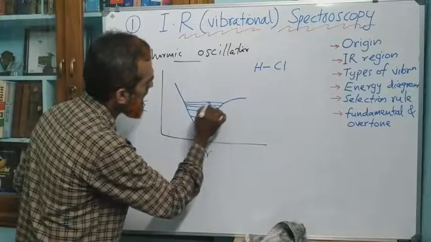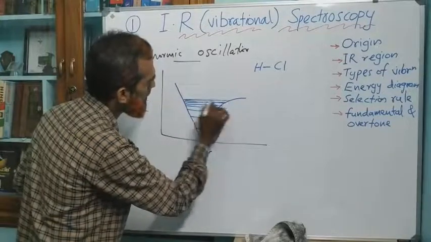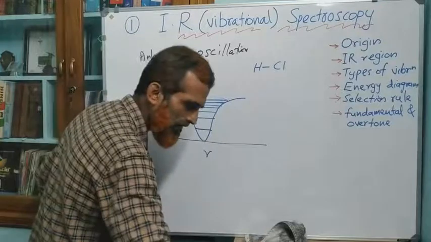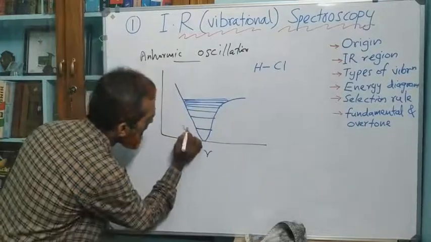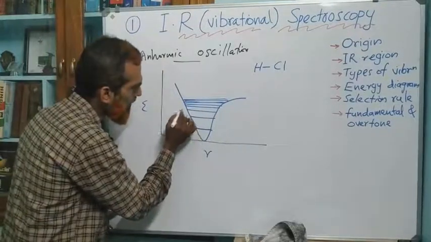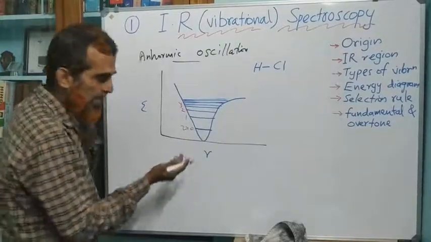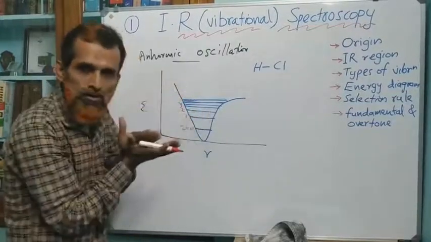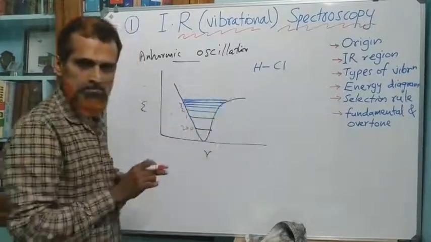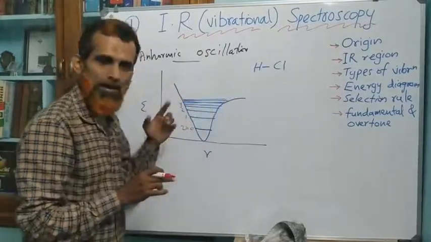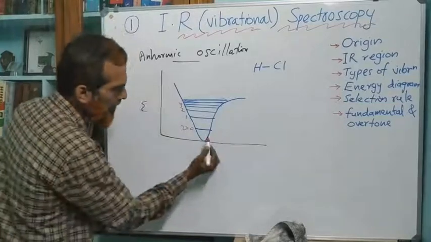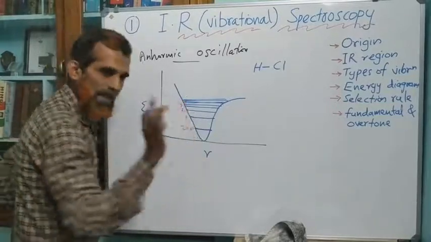See, what is happening here? The ground vibration level nu equals 0, then 1, 2, 3, 4, etc. Energy levels come closer and closer and they all merge at this point. So, in this case, the energy gap is not the same.